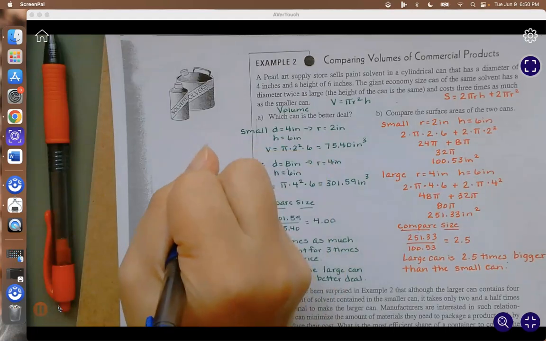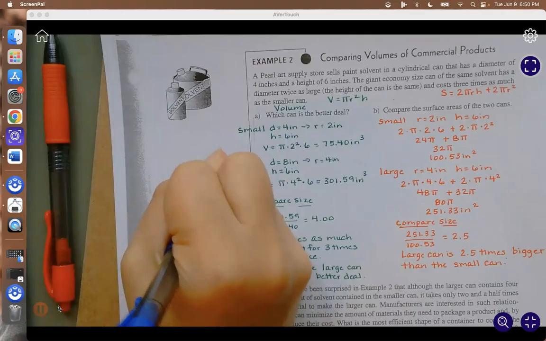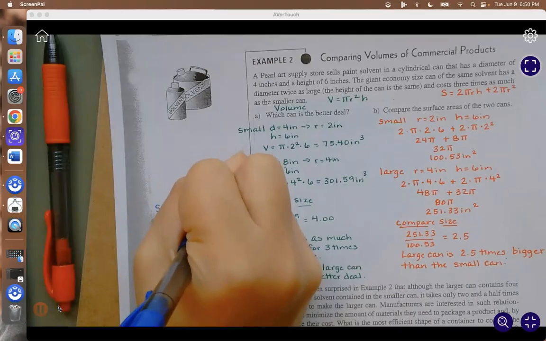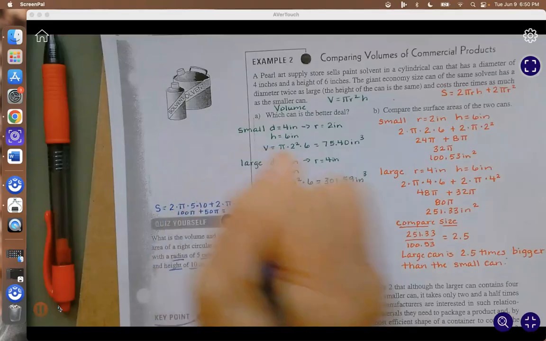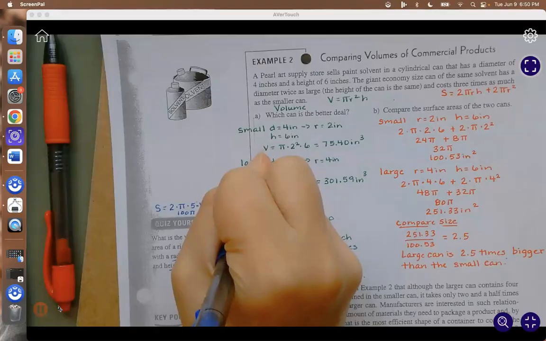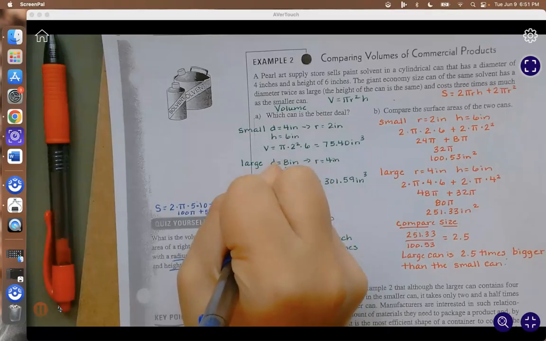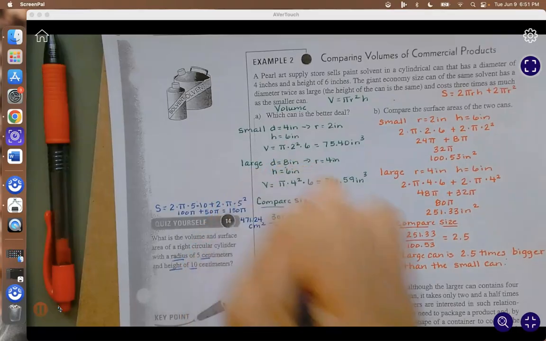That's going to be 100 pi plus 50 pi, which gives me 150 pi, which is 471.24 square centimeters, excuse me.